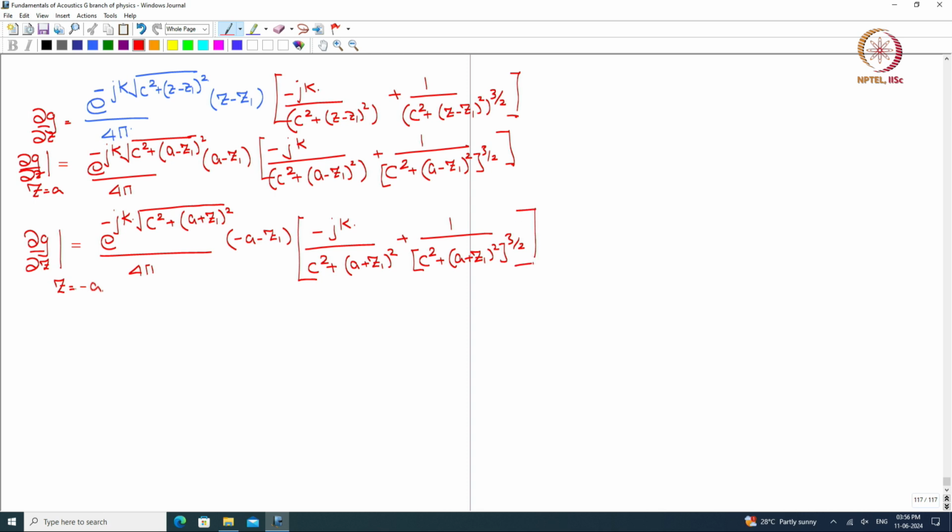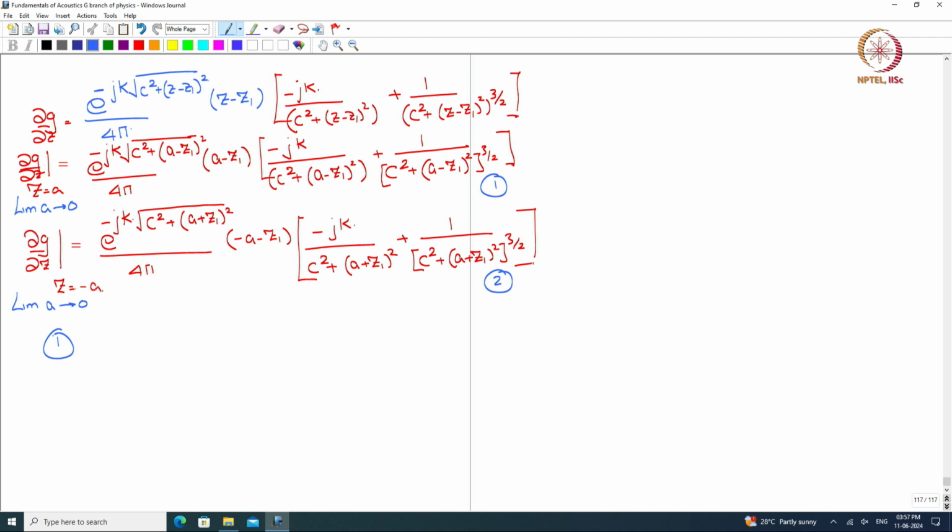Okay. So now we take on each of these the limit a tends to 0. Let's do this first. If a goes to 0, then let me call it term 1, and let me call this term 2.